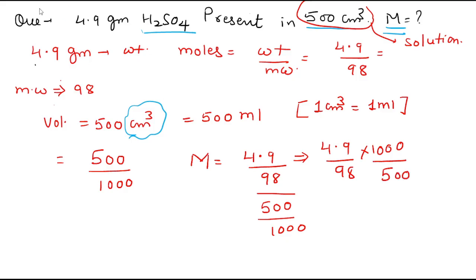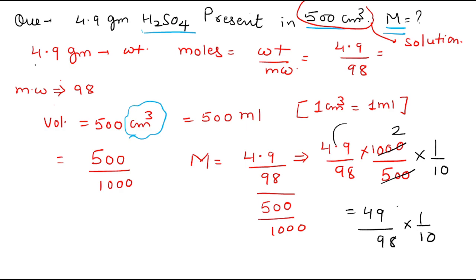Now how can we solve this? Just cut it by 2, just remove the decimal, just 1 by 10. 49 upon 98 into 1 by 10.